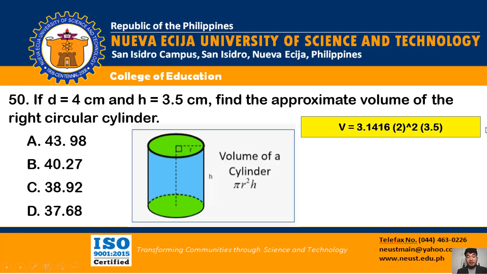Volume is equal to 3.1416 times 2 because we are using the radius. So to get the radius given the diameter, you simply divide it by 2. So you have 2 squared times height, which is 3.5. Simplifying that further, you will have volume equals 43.9824, or letter A.